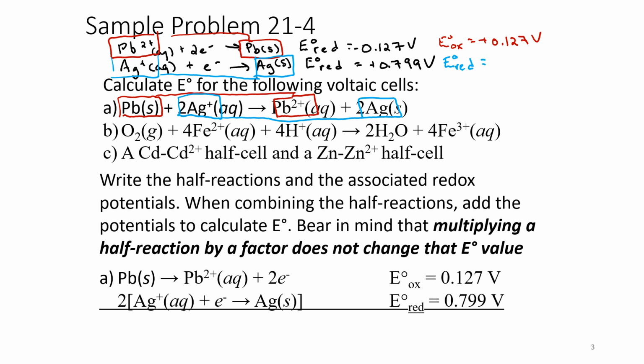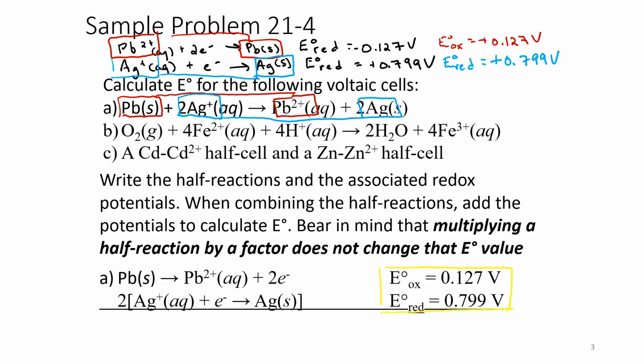Now, what we found in our table has coefficients of 1. What we find in our actual problem, our overall equation, is that we have coefficients of 2. But remember, we never multiply our voltages by any value. So I'm going to leave it the same. It's still positive 0.799 volts.